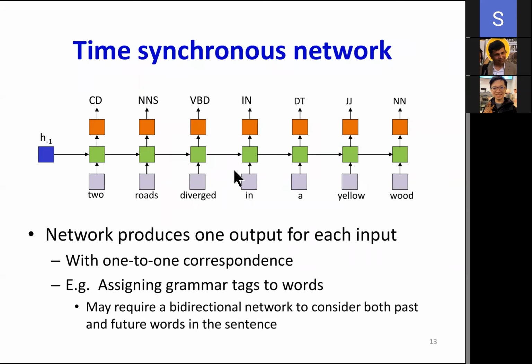So for example, whether some word over here is a noun or an adjective depends on what follows, and also on what comes before it. And so the recurrent nature of the model captures the sequential information, the dependence on the past and the future in making the predictions at each time. But the key point is that for each input, there is an output. So here, for example, you would have a part of speech tag for every word in the input.